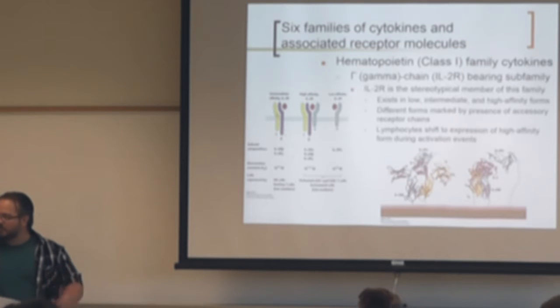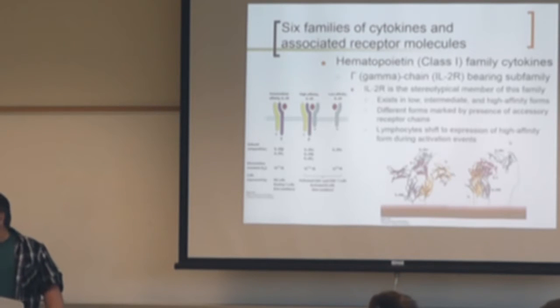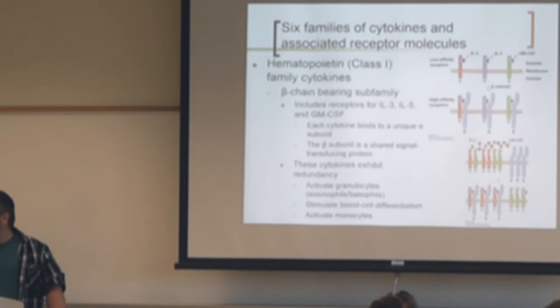Basically, what happens is you have this low affinity form that has very low affinity for IL-2, but then when IL-2 binds to that, that will cause a cascade that will upregulate the gamma and then the beta, and this will have an intermediate and high affinity form that will really strongly bind to IL-2. And that's pretty common for a lot of these.